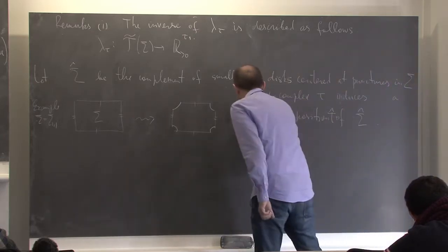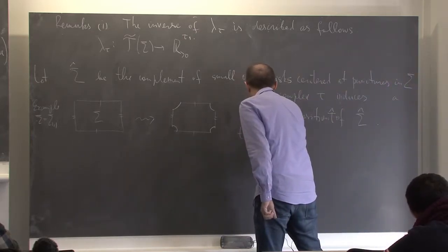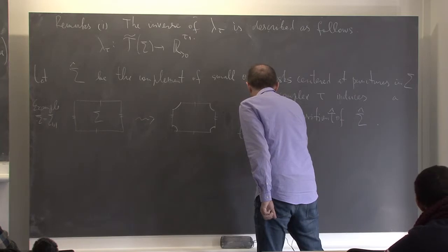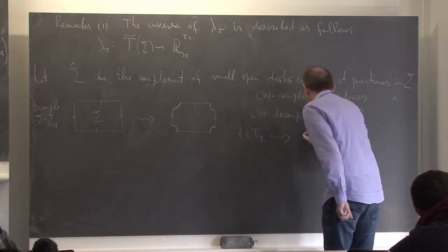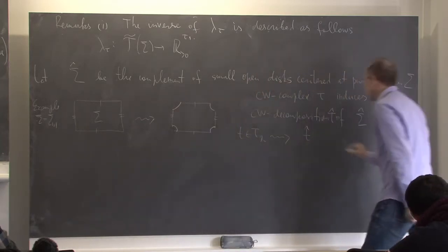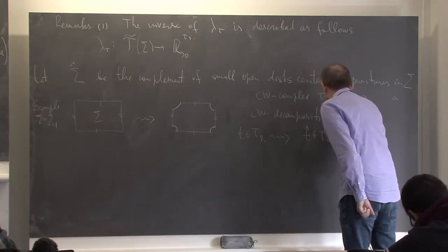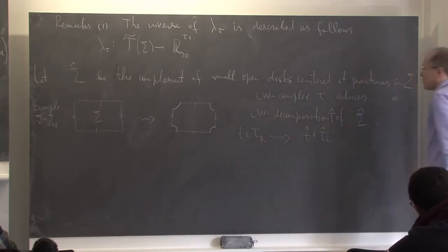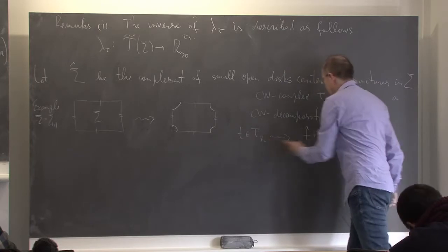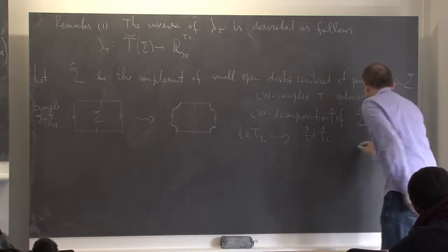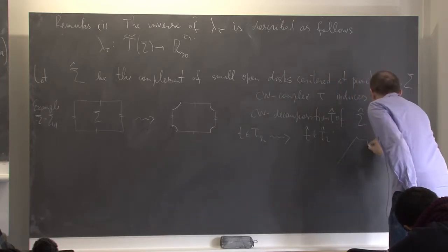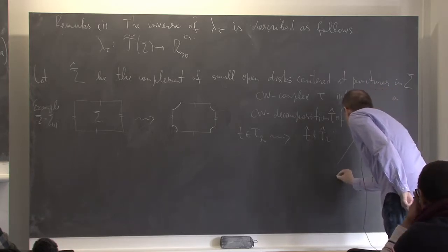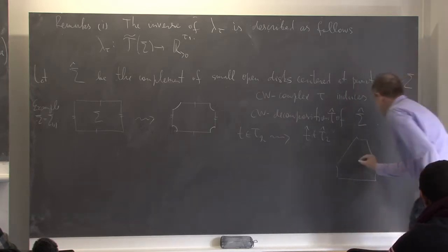Okay, so if we have t in tau 2, then we have a corresponding 2-cell in tau 2 hat, which is here we had a triangle, here we will have a hexagon, right? This is t hat.